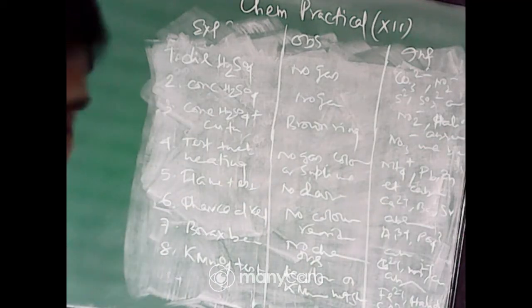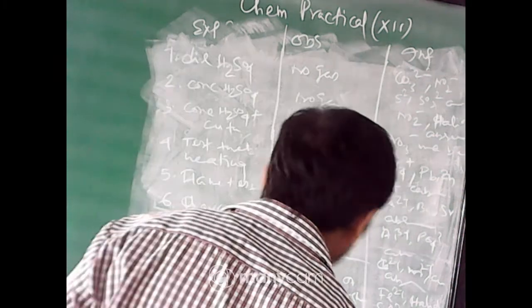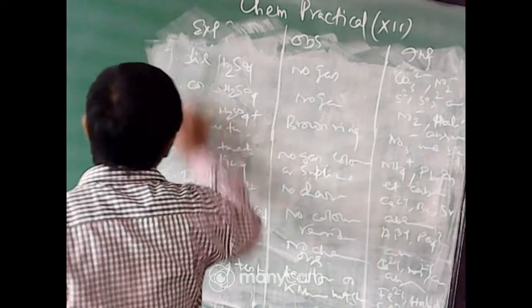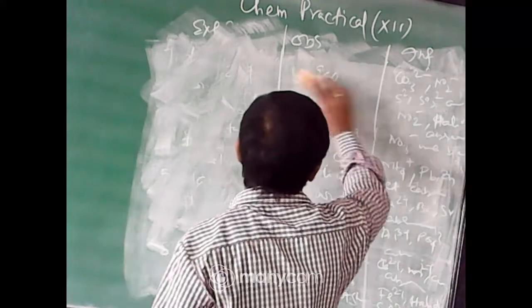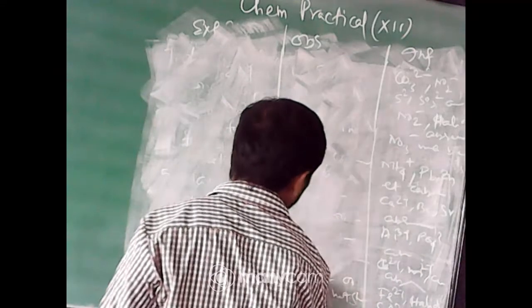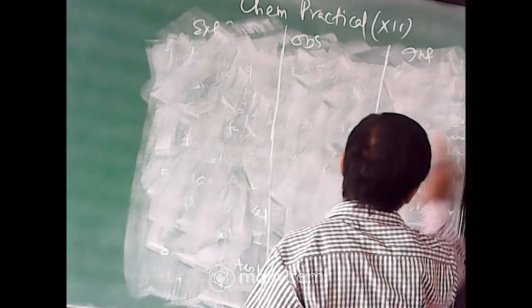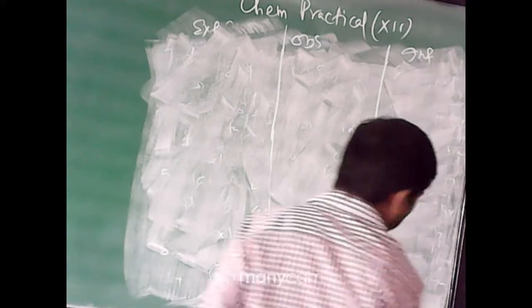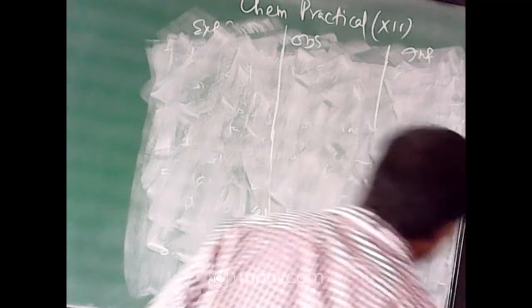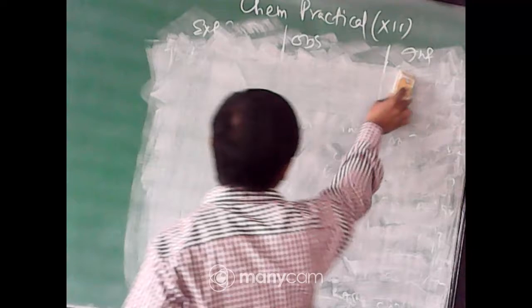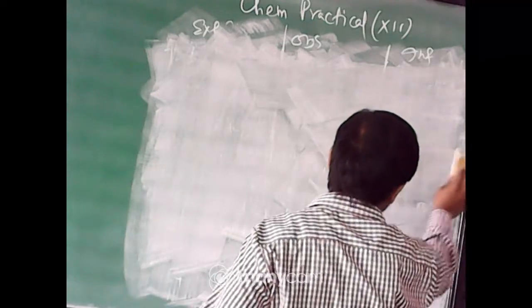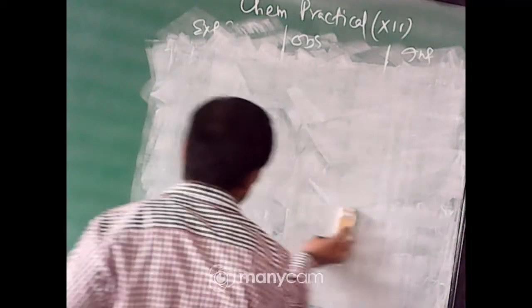Now we will go for the confirmative section, at first for the anion. For the anion confirmative test, we have to prepare the solution. Take the solid sample in a test tube and add water to it, distilled water obviously, then make the solution and keep it reserved for the next test.